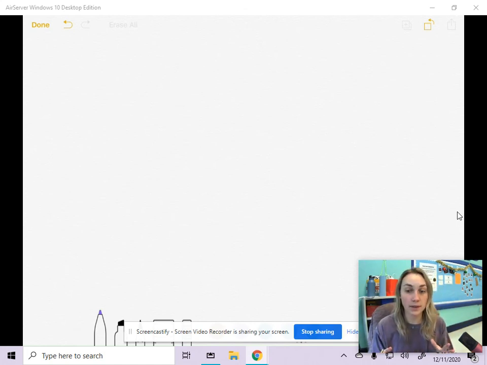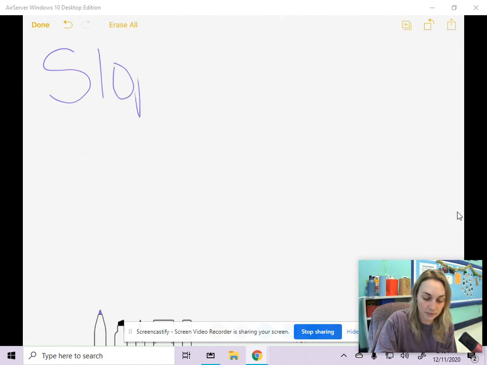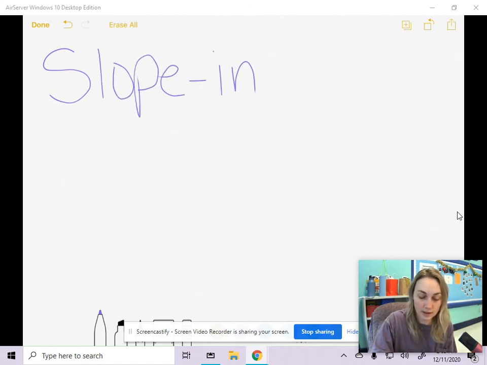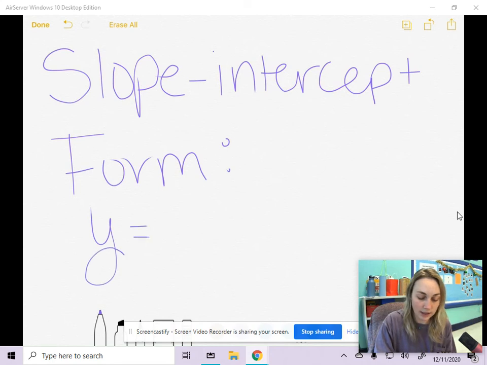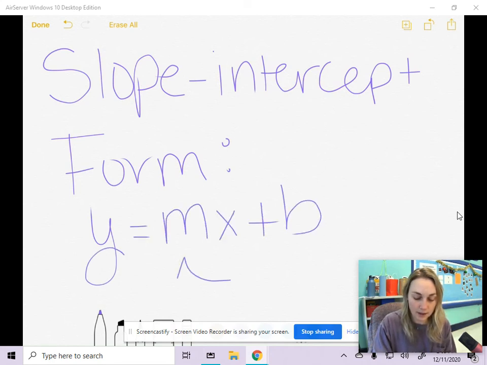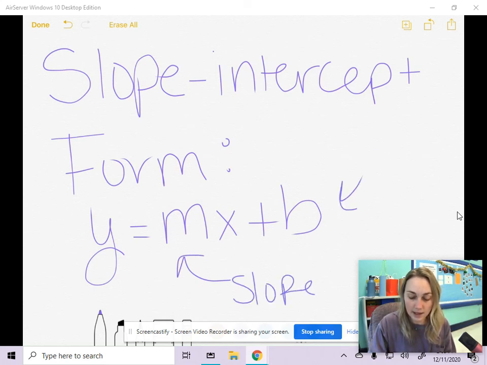create an equation. And that equation is going to be in slope-intercept form. Slope-intercept form is y equals mx plus b. M is the slope, and b is your y-intercept.